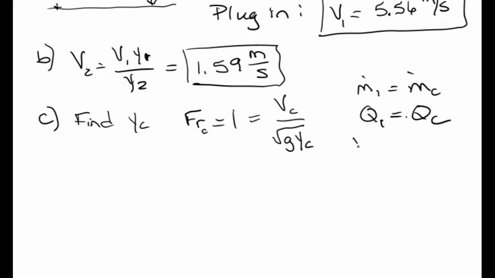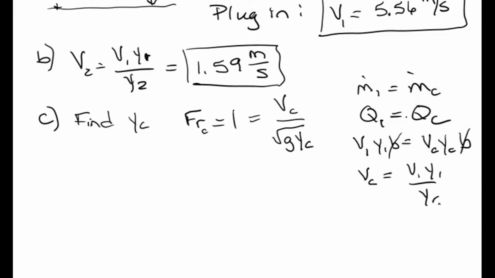So V1 A1, and A1 is Y1 B, equals V critical, Y critical, times B. B's cancel. This is just our conservation of mass equation, we can really apply it to any two heights and velocities. It doesn't have to be 1 and 2. But what we get is V critical is equal to V1 Y1 over Y critical.